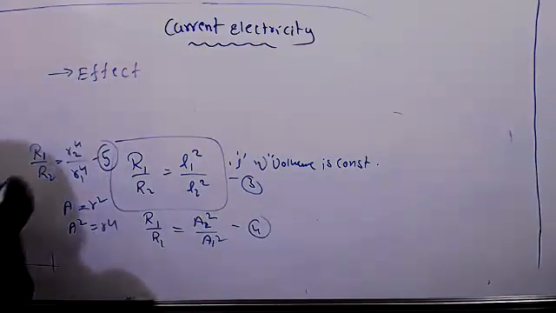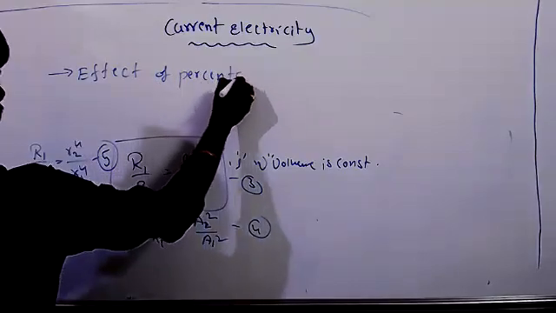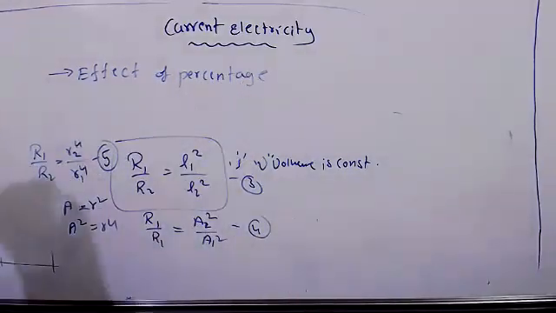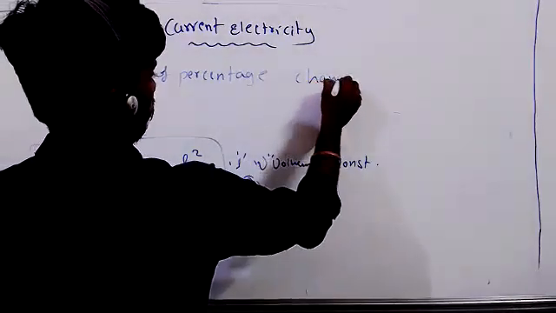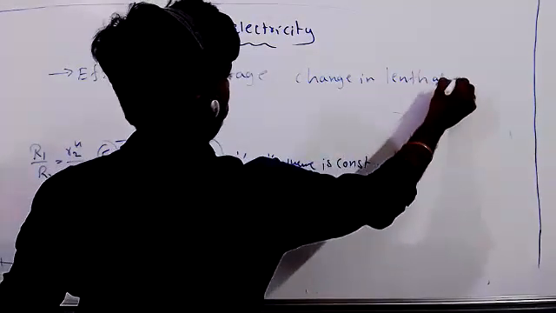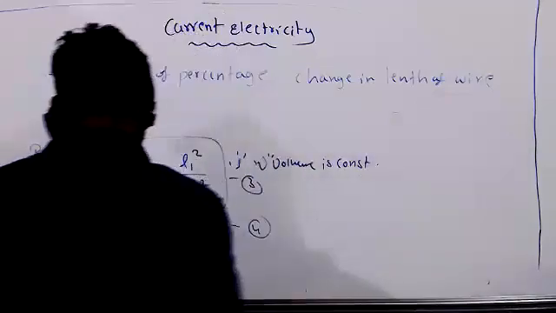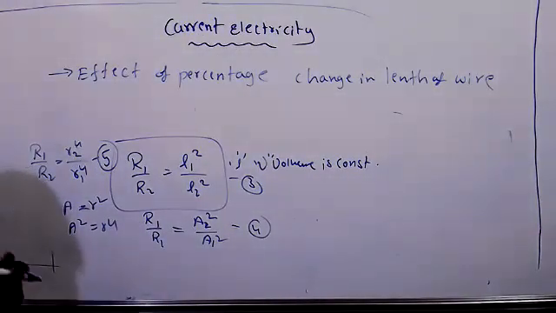Effect of percentage change in length of wire. How the resistance will change with percentage change in length?